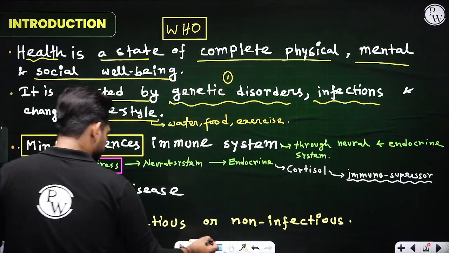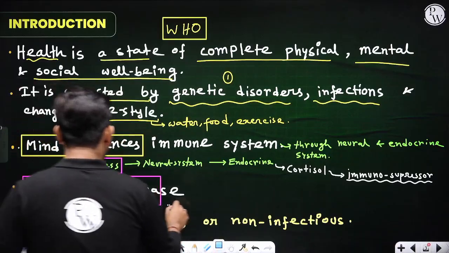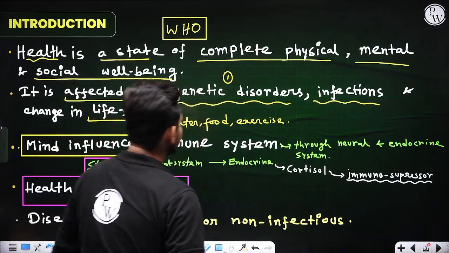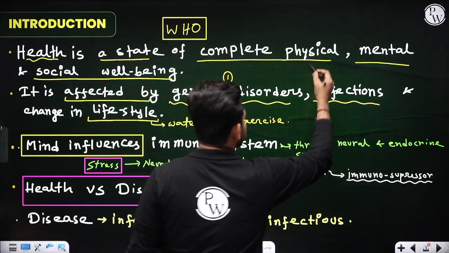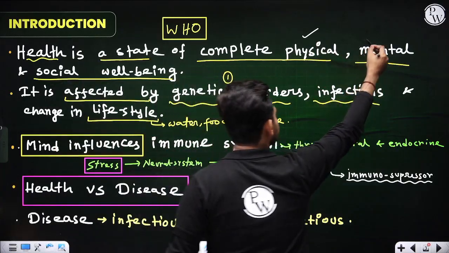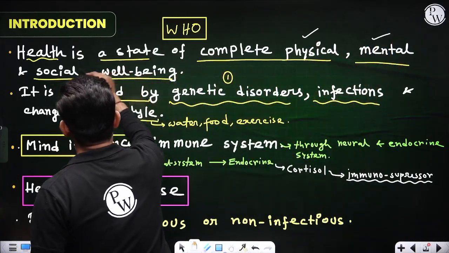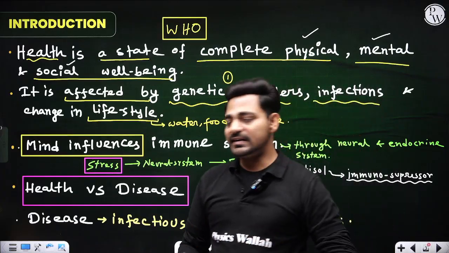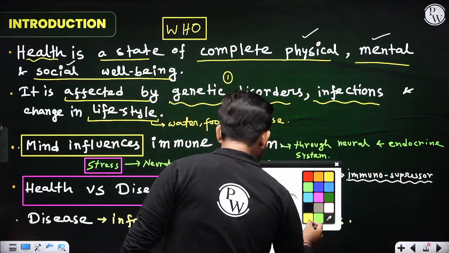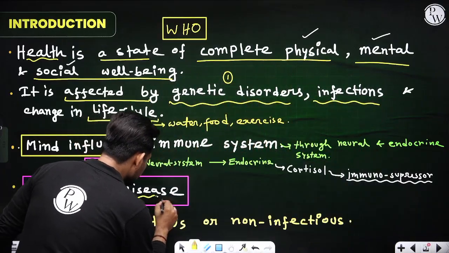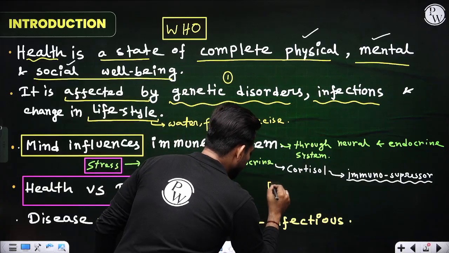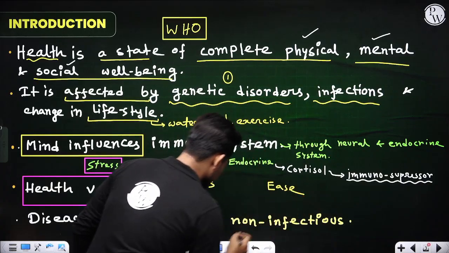Now let's talk about health versus disease. We have already learned the definition of health, which has three components: physical fitness, mental fitness, and social well-being. Now what do you mean by disease? The word disease comes from combining two words, dis and ease.